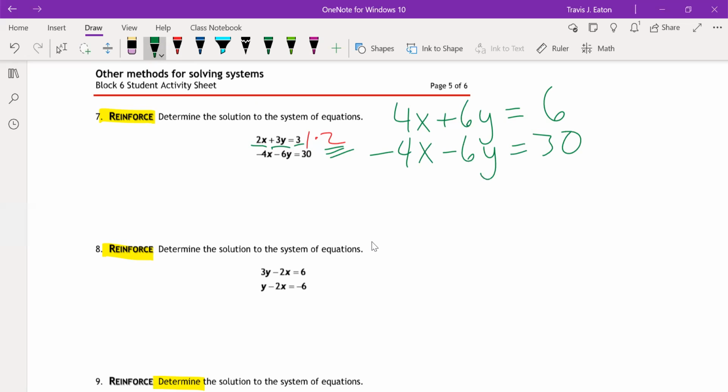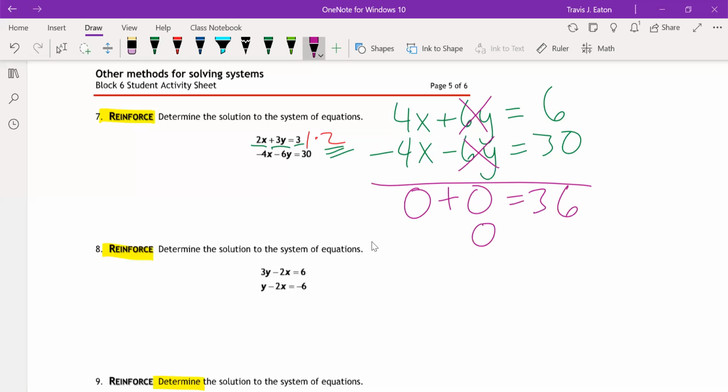So when I combine these, 6y and negative 6y cancel each other out. So I get 0. 4x and negative 4x, well, they cancel each other out and they make 0. So 0 plus 0 equals, and 6 plus 30 is 36. So I get 0 equaling 36.